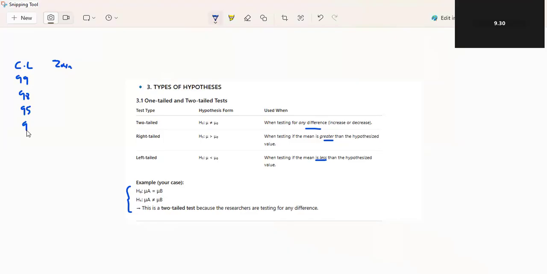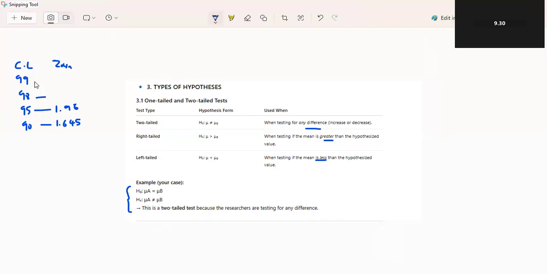What are the Z values for these ones? Let's start with the last one. 90 is a Z of 1.645. About 95, what is a Z? 1.96. All right.